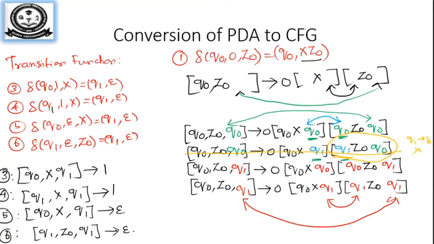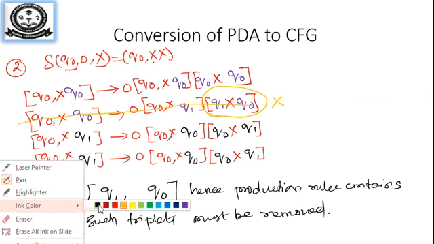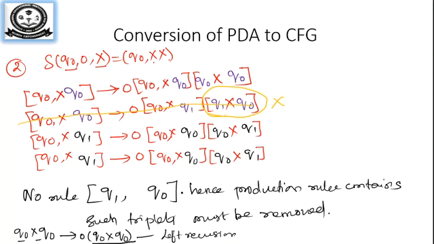Next thing we have to check here is, I will write it over here, a transition Q0 x Q0 derives 0 Q0 x Q0. What this means is, it's a left recursion. You can see Q0 x Q0 will again and again be replacing the same production rule Q0 x Q0.